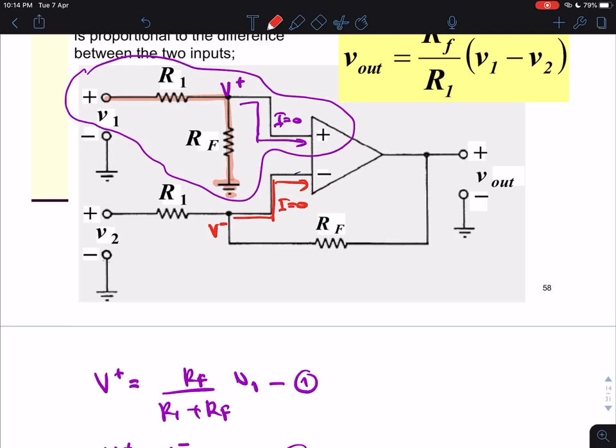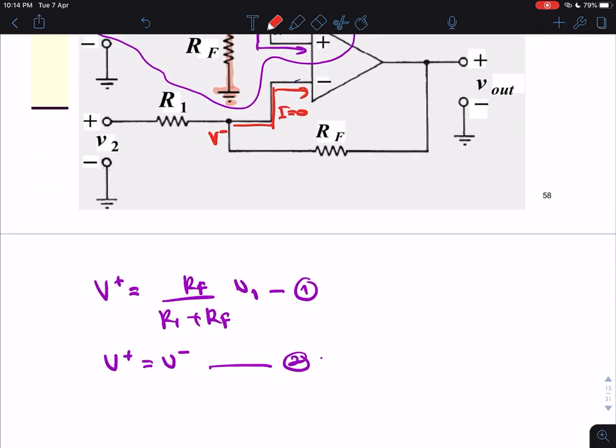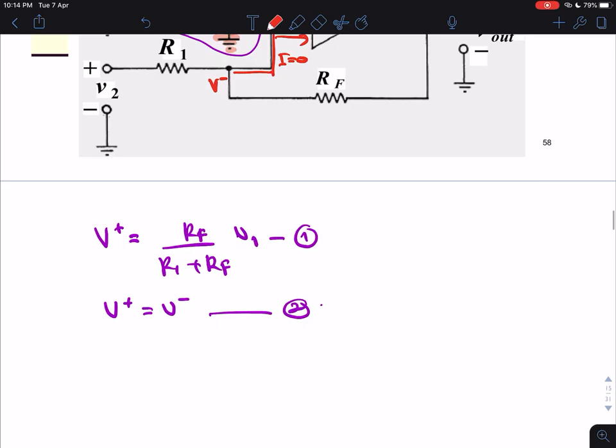Okay, so we can come up with the expression: (V2 minus V minus) over R1 equals (V minus minus Vout) over RF.